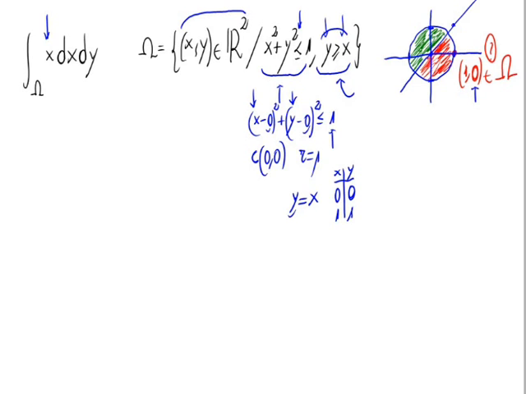And now let's see if it obeys the condition that y has to be bigger or equal to x. We can see that 0 is not bigger or equal to 1, so the point (1, 0) is not from the set omega. And what does that mean? That means that we are not integrating all the numbers that are not from omega. So we're just integrating the upper part of the circumference, not the red part, just the green one.